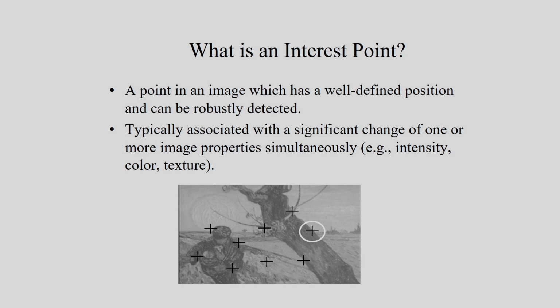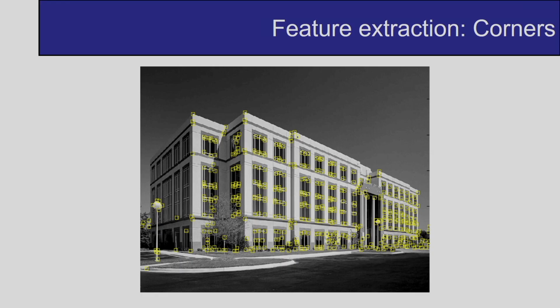In this figure you can see I have shown some interest points. As I mentioned, at an interest point there is a significant change of one or more image properties simultaneously. If I consider corner points as interest points, you can see I have shown the corner points in the image, all the corner points present in the image.